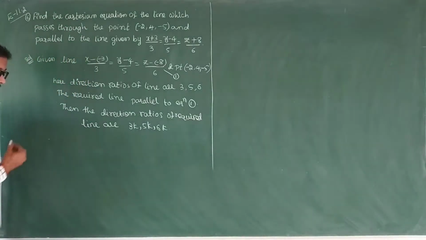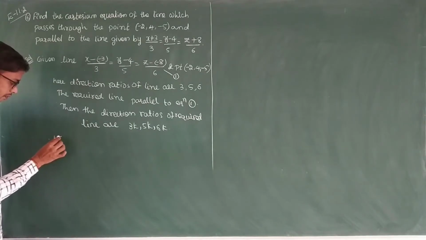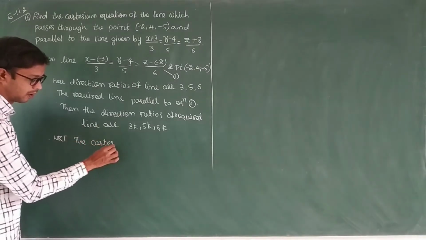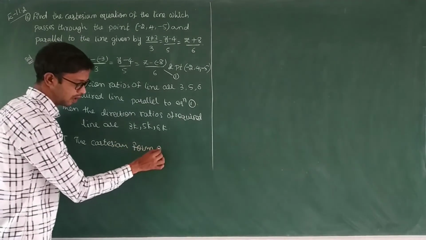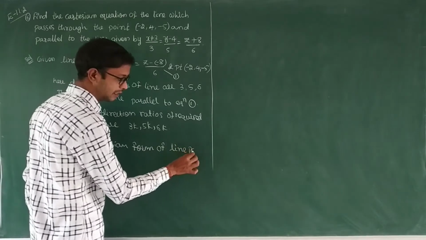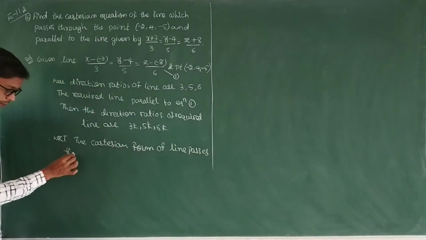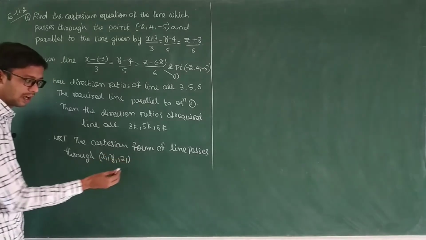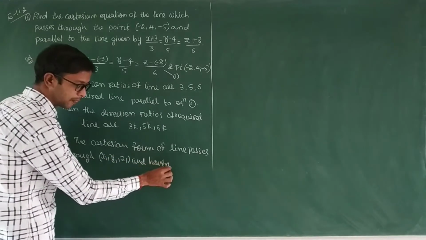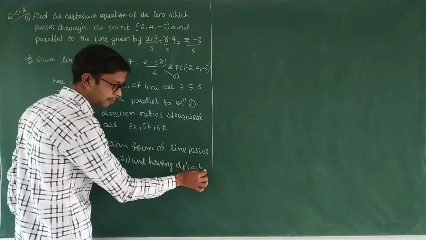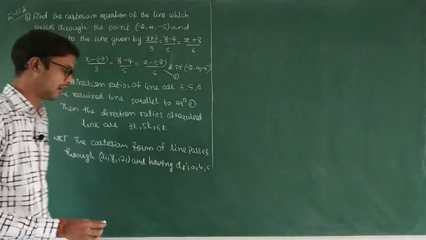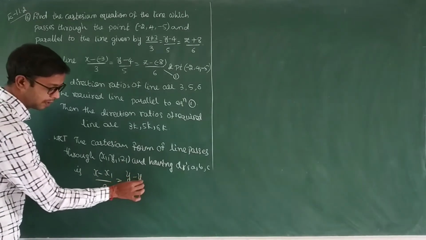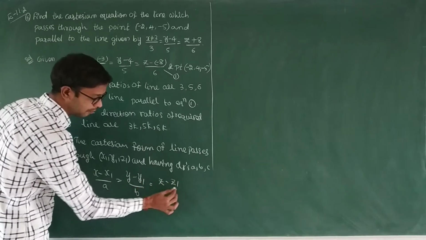Therefore, we know the Cartesian form of a line that passes through x1, y1, z1 and has direction ratios a, b, c is (x-x1)/a = (y-y1)/b = (z-z1)/c.